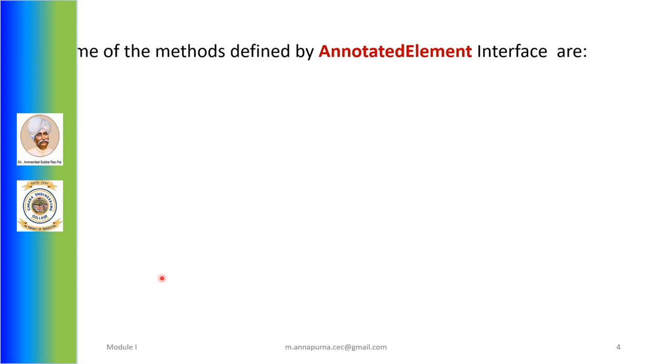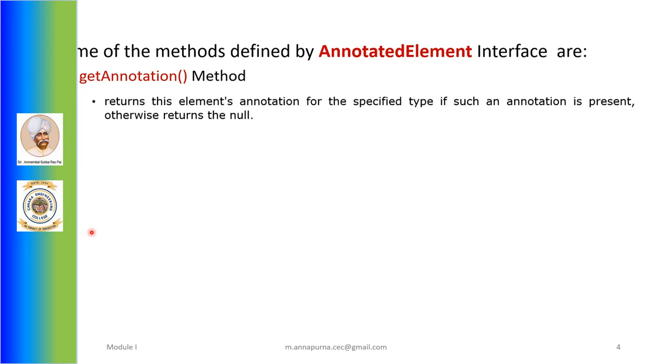The annotated element interface defines several methods, among which we have already discussed the following two methods. They are the getAnnotation method and the getAnnotations method. Very briefly, we'll again try understanding these methods in a bit more detail. First, we have the getAnnotation method.